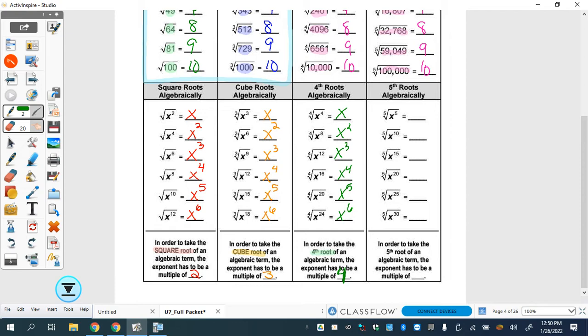And then for a fifth root, what does it have to be a multiple of? Multiple of 5. So if it were, say, like a 7th root, what would it have to be a multiple of? Very good. You see the pattern. Good job.